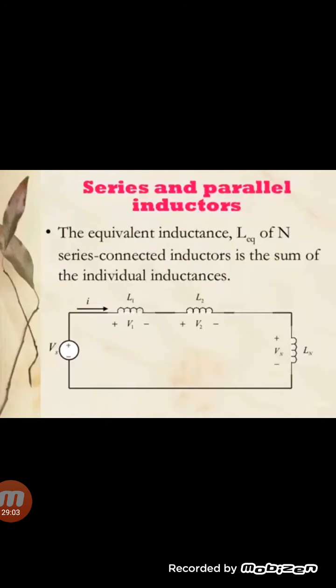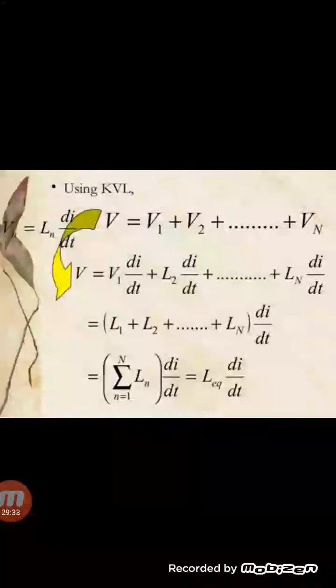Okay, next we have series and parallel inductors. The equivalent inductance L equivalent of n series connected inductors is the sum of the individual inductors. We have L1, L2 with V1, V2, and we connect them up to n times, that is Ln, Vn, and the total will be given.